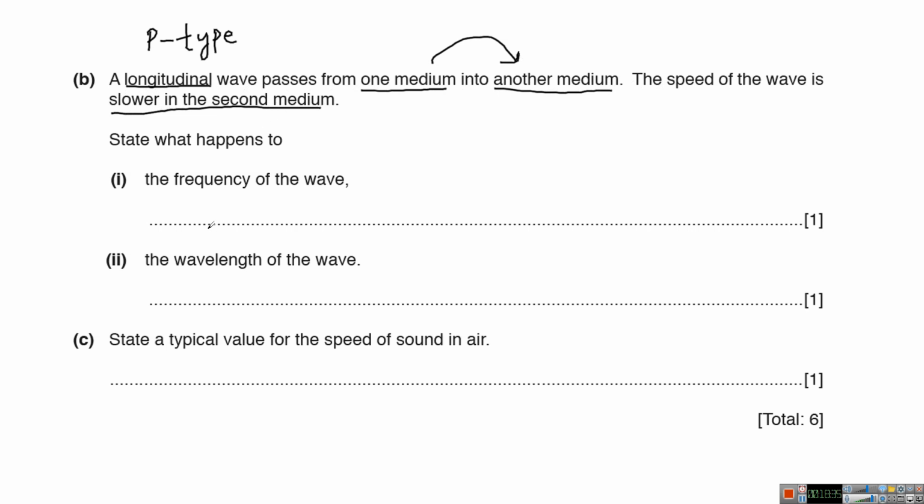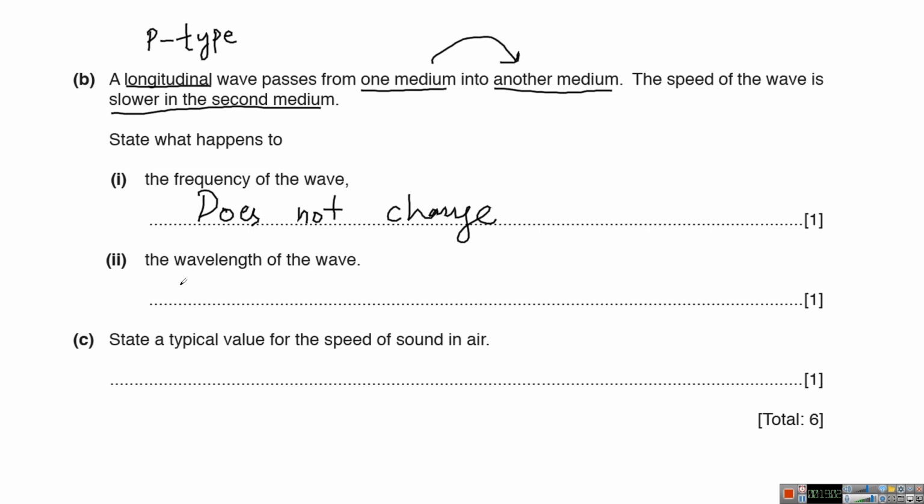If the speed is slower, then what will happen? Now I did discuss this in class, that frequency does not change. For any case, the frequency does not change, because energy can neither be destroyed nor be created. So frequency is a representative of energy, so energy does not change, so the frequency won't change. So what will happen to the wavelength?